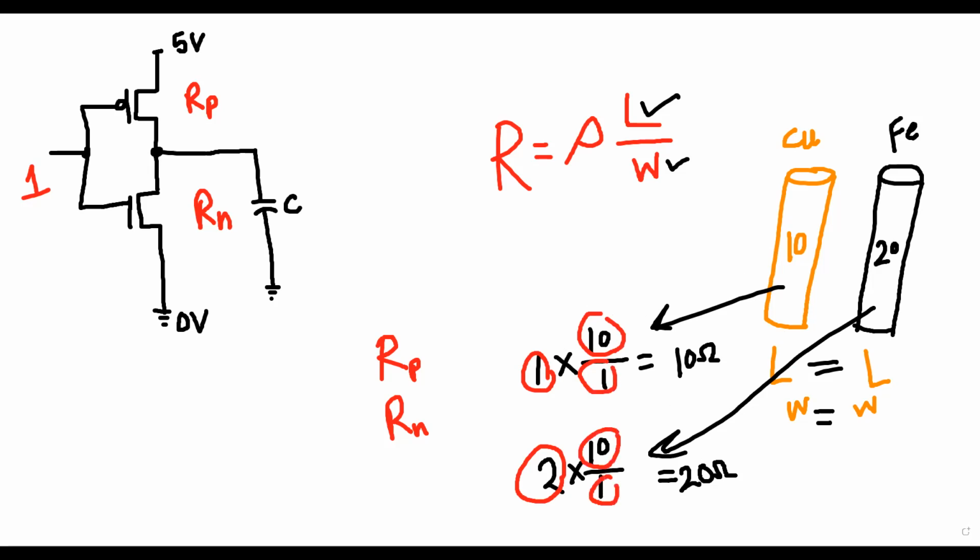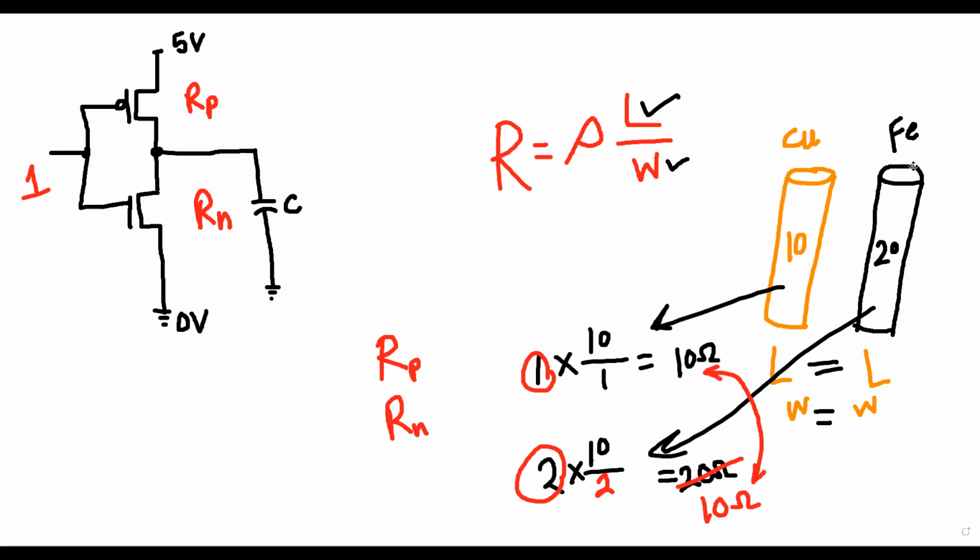But I do not want to change the length, because we normally keep length fixed. We do not want to increase distance. Rather, we want to increase the width. So I can make this width double, in place of 1 I can give 2. Their resistance will be equal.